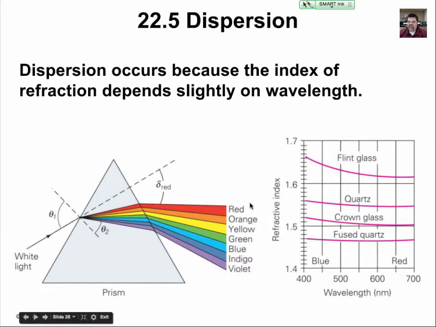Dispersion on a prism takes white light and separates it into different bandwidths, because as the white light hits here, it changes the wavelengths, and as those wavelengths enter or exit the prism, you have refraction again, and that changes the angle and the wavelength a second time. And so you'll literally separate the colors of visible light.